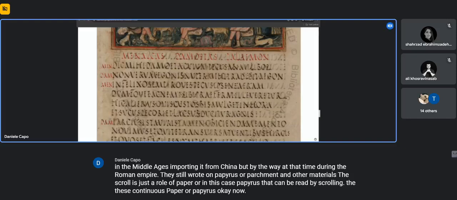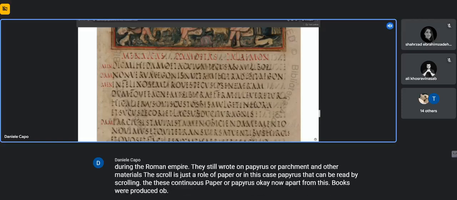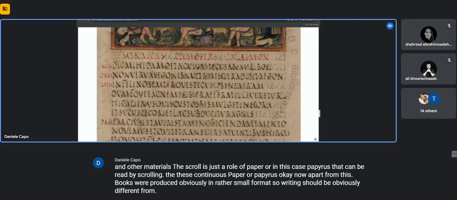Okay. Now, apart from this, books were produced obviously in rather small format. So writing should be obviously different from writing on stone.